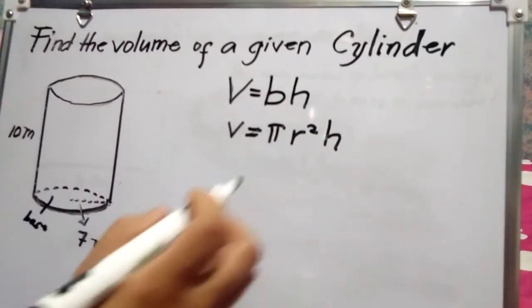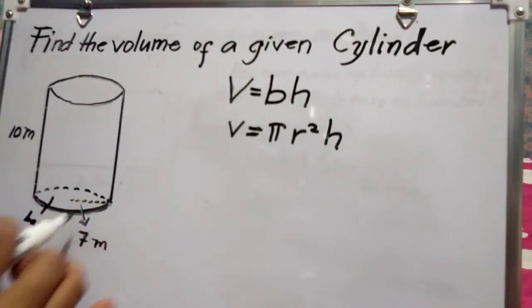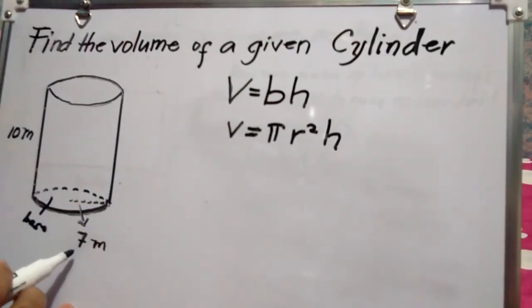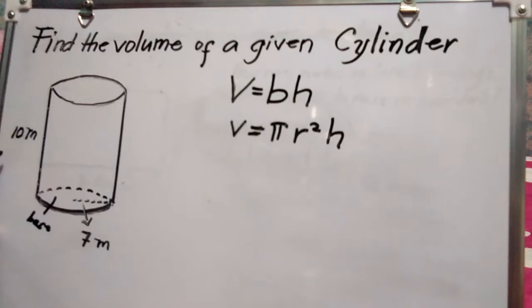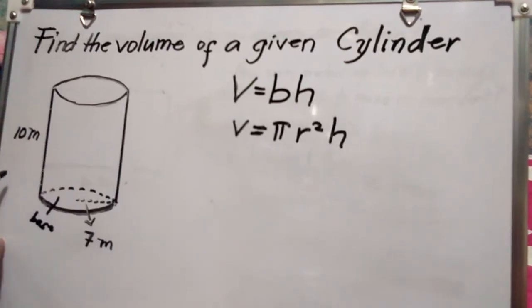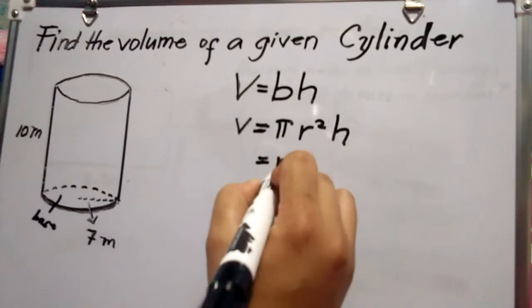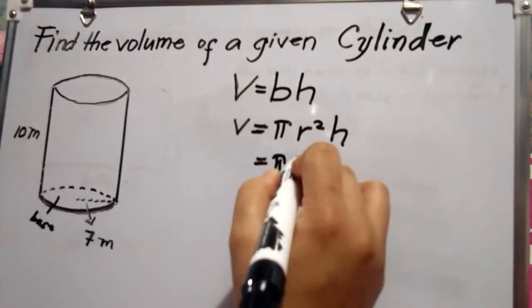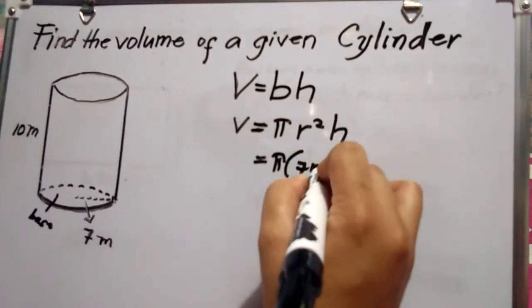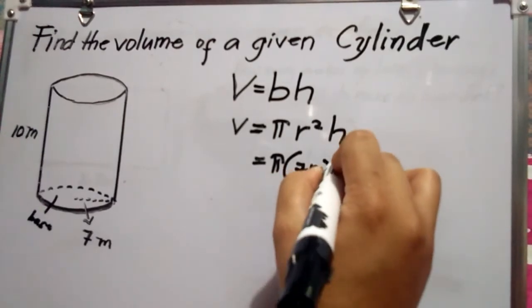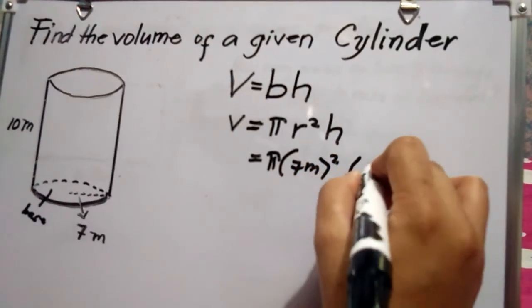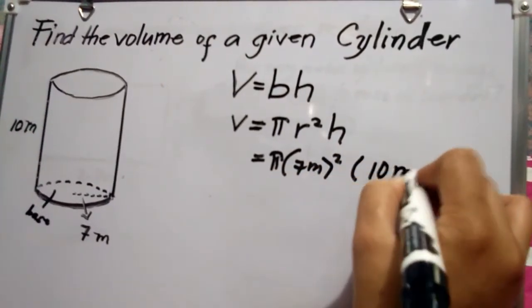So to find the volume of the given cylinder, since the radius is 7 meters and the height is 10 meters, we can plug in this information. Pi times 7 meters squared times 10 meters.